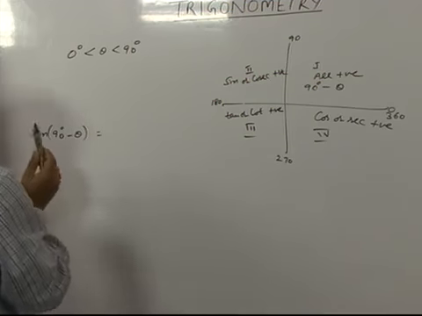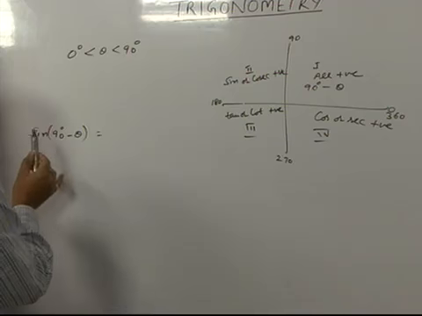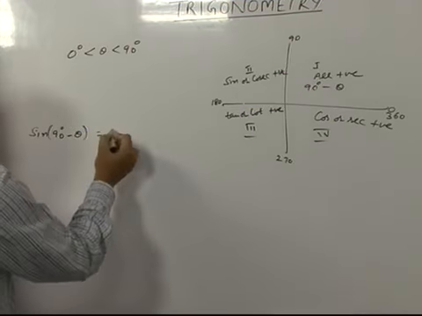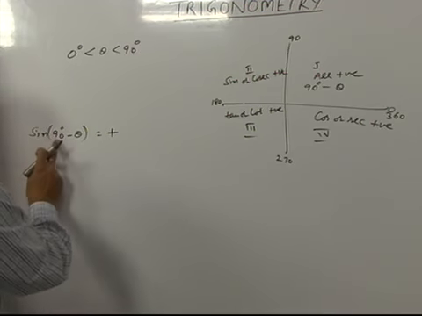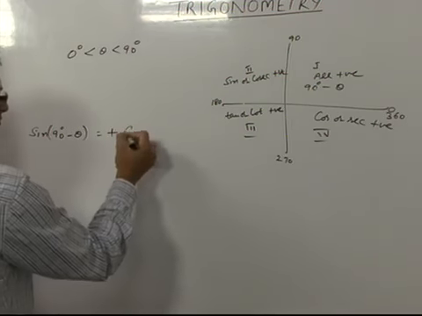Second, see whether the given trigonometry ratio is positive or negative in that quadrant. In the first quadrant sine is positive, so here positive sign. Then next, with 90 degree and 270 degrees sine will change into cos.